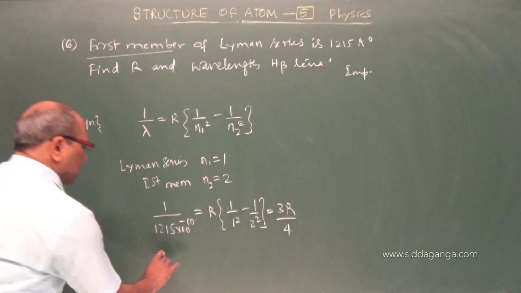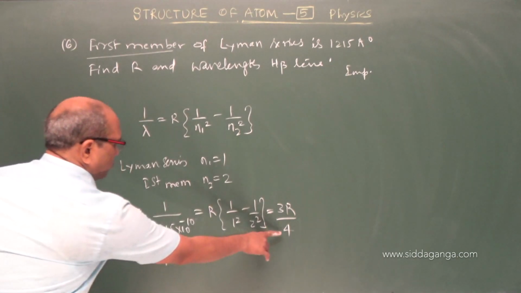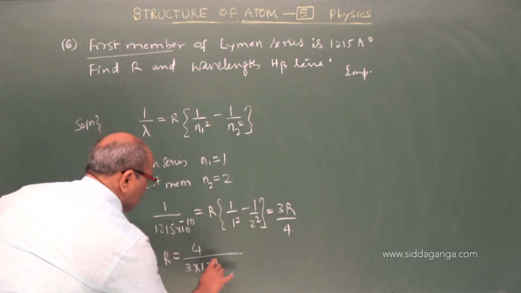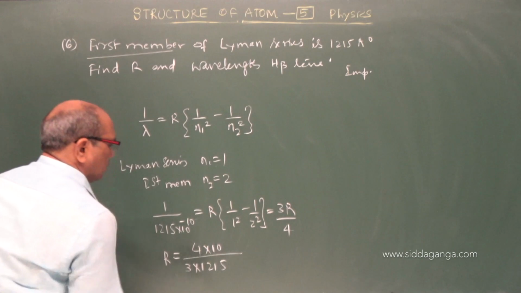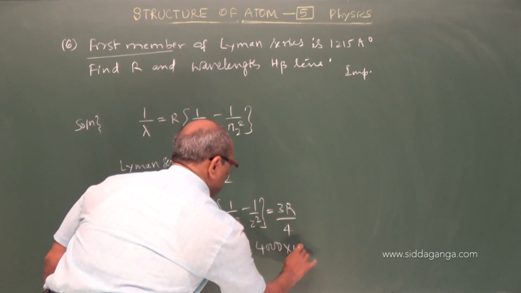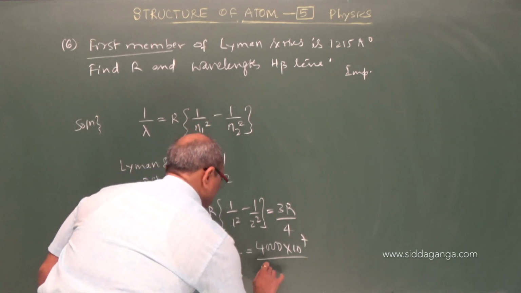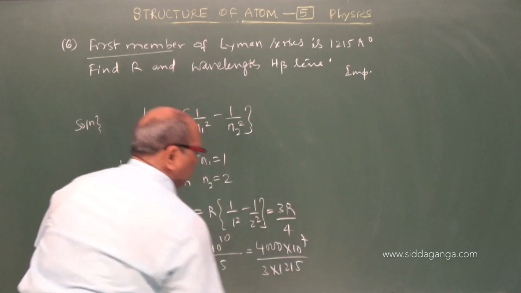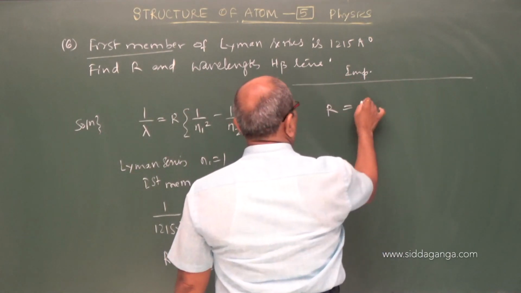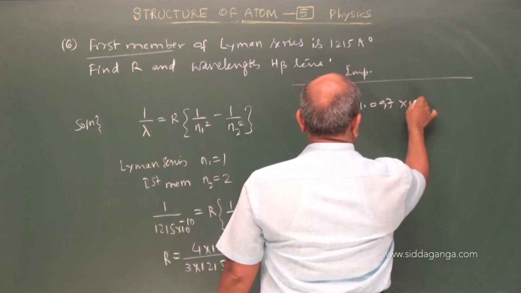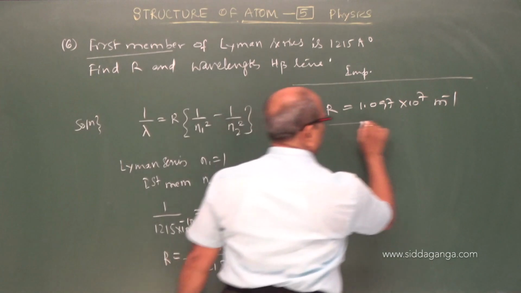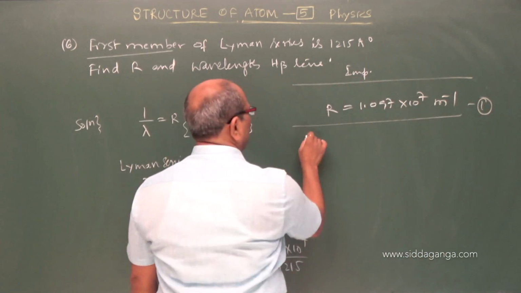So R is equal to 4 by 3 into 1215 into 10 power minus 10 in the denominator, or 4000 into 10 power 7 divided by 3 into 1215. If you simplify, R is 1.097 into 10 power 7 per meter. One answer you got, the Rydberg constant value.